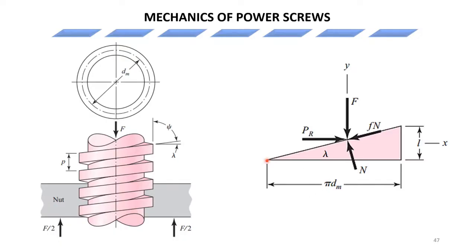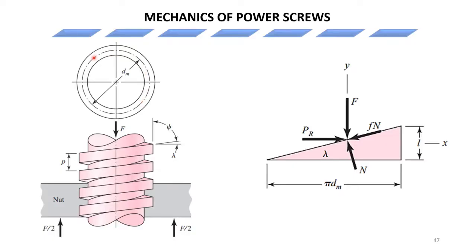So pi dm is the circumference of one screw element, or one thread element, where dm here is the pitch diameter, or the mean diameter, which is also equivalent to the pitch diameter.